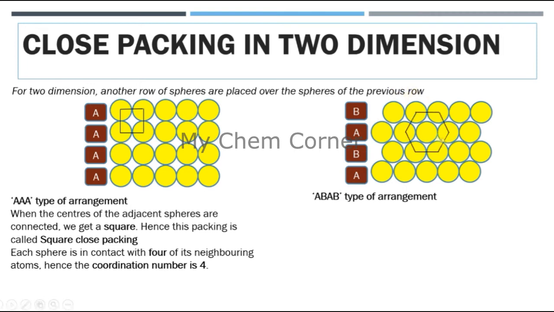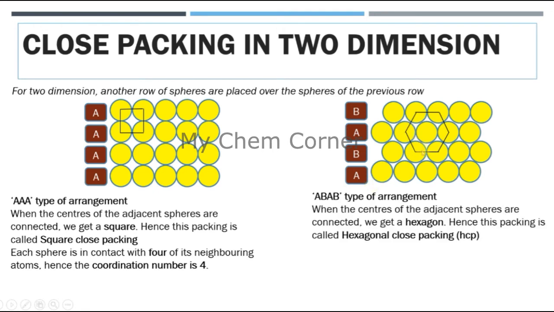Now in this case, I'm going to connect the centers of the spheres. When I connect the centers of the spheres, here I'm getting a hexagonal shape. Therefore, this type of arrangement is called hexagonal close packing.